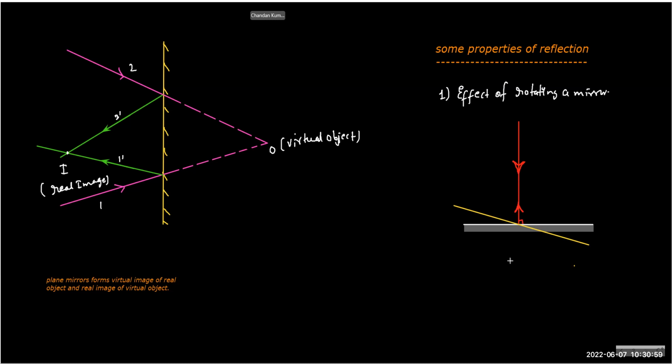So the new normal will be like this. So the angle of rotation of the mirror will be the angle that the incident ray will make with the new normal, correct? So the reflection property says how the light ray will go back. The same light ray will go this way, right?